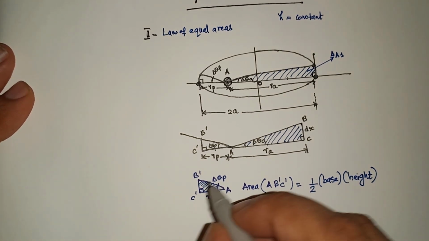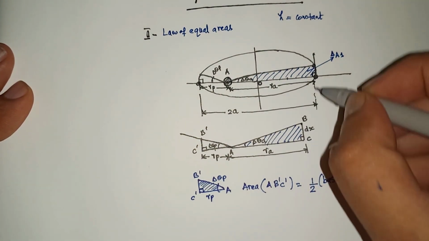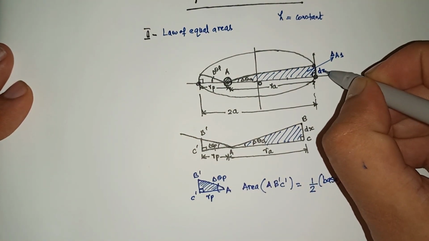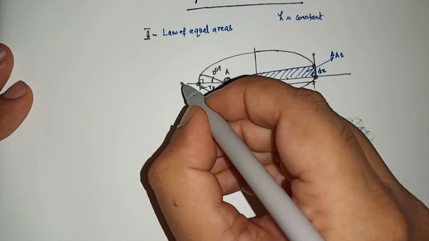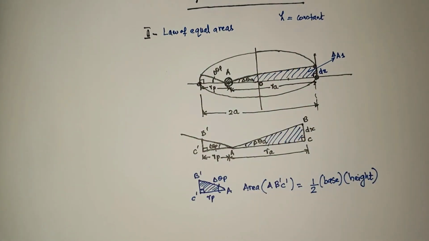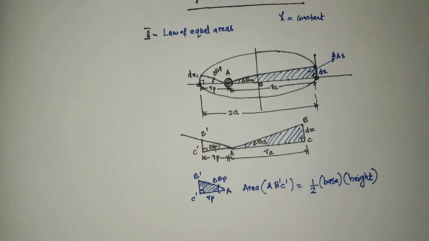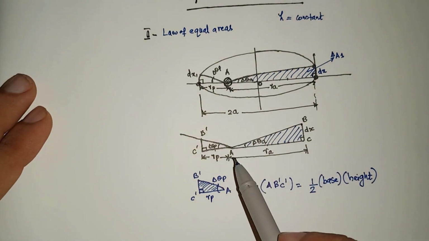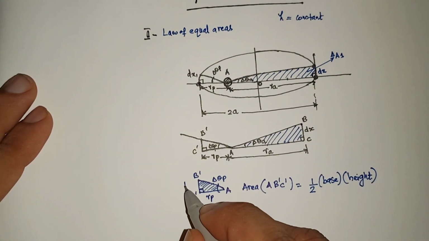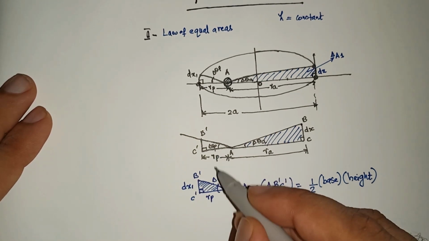Here we have taken dx, so we cannot take dx again, but we'll take something called dx1, which will be more clear for you. So we'll take dx1 here for the perihelion part. So in this triangle we have dx1, so we are taking the perihelion side.